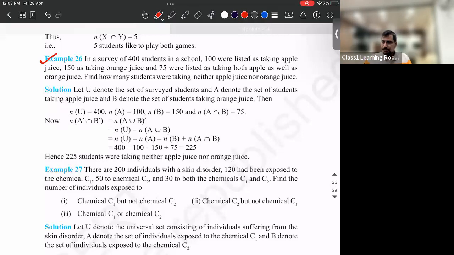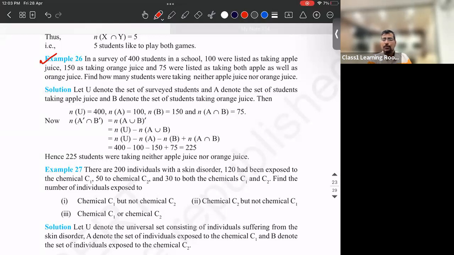There are 200 individuals with skin disorder. 120 have been exposed to chemical C1, 50 to chemical C2, and 30 to both chemical C1 and C2. So first take down the data. There are a total of 200 individuals with some disorder.